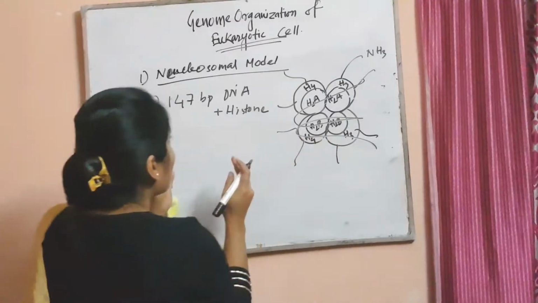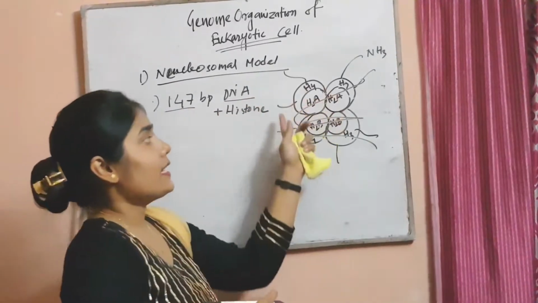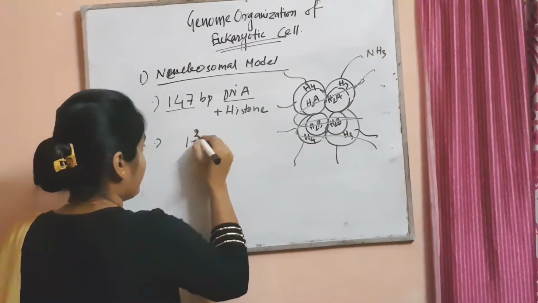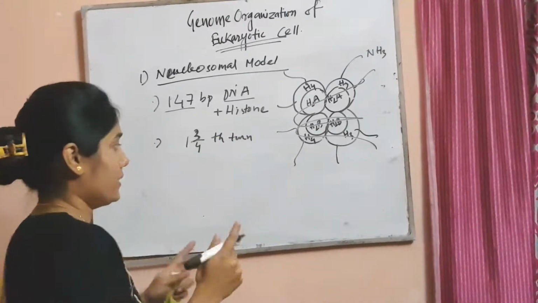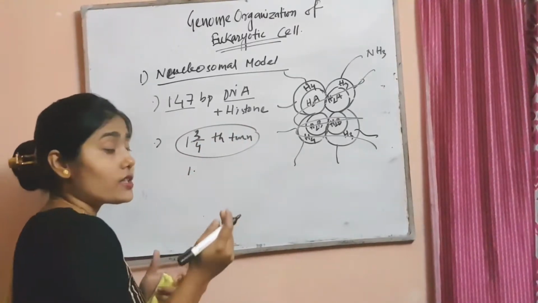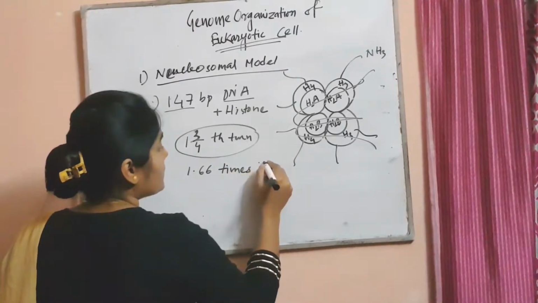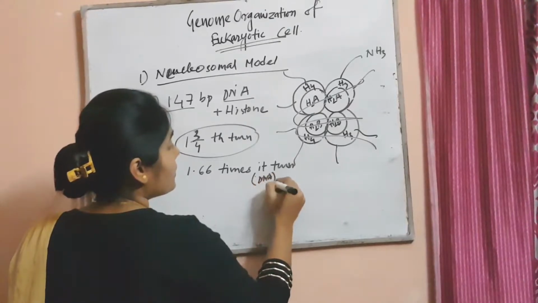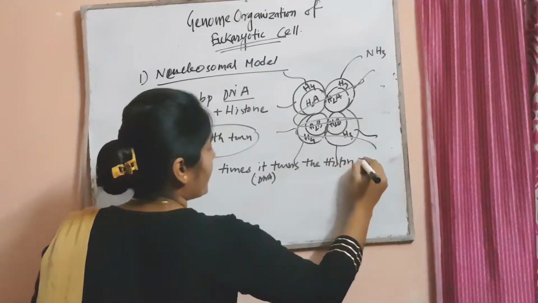And we should know that this 147 BP DNA turns around the histone protein 1 and 3/4 times. This is not 2 complete turns, this type of turn, and we can also say that the DNA turns 1.66 times around the histone protein.